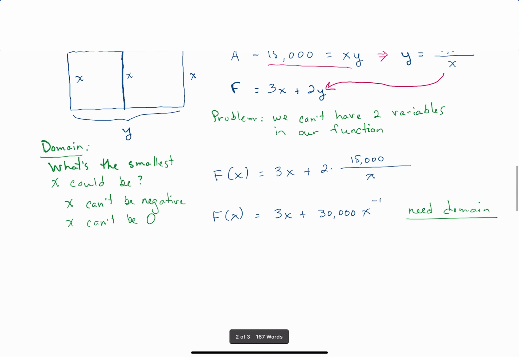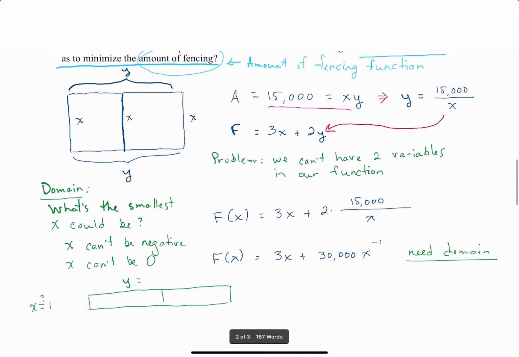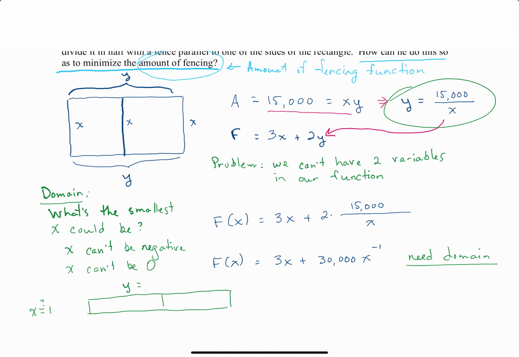What's the smallest it could be? Well, could x be 1? Sure. If x was 1, then the width of our field would be, and here I'm looking at the formula we have for y, which is 15,000 over x.